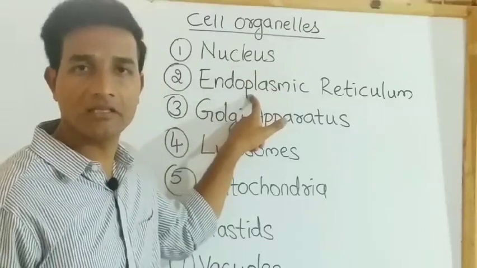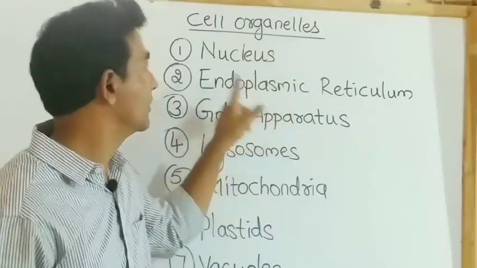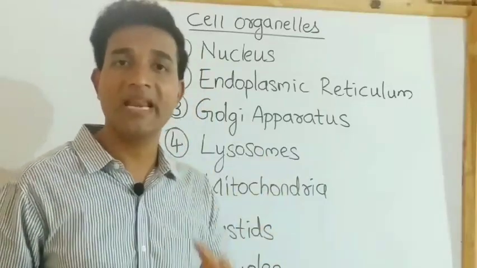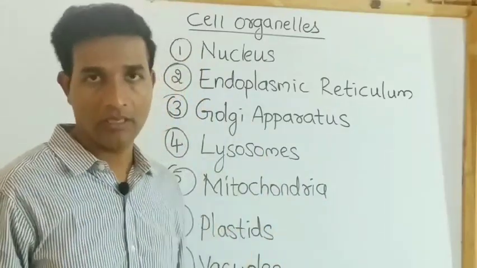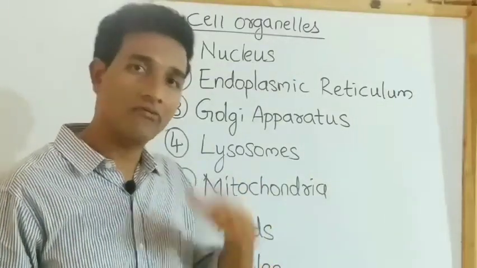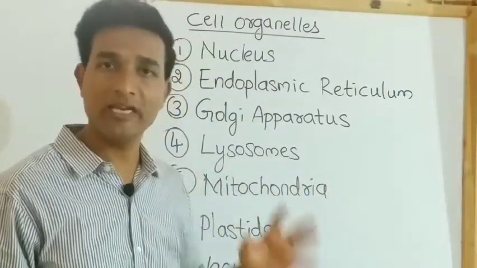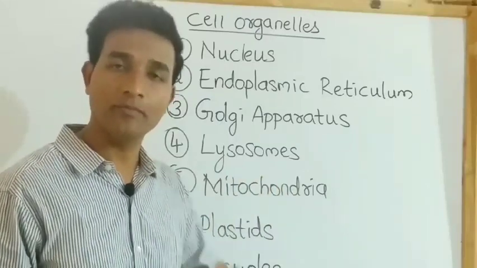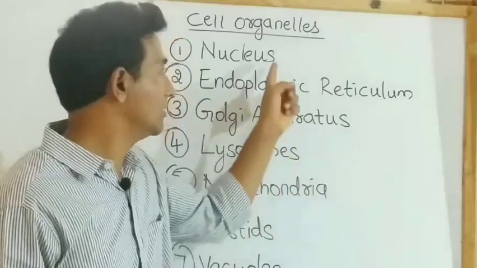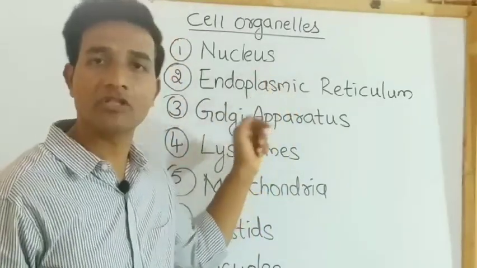Next we will discuss the endoplasmic reticulum. These cell organelles always have a membrane bound structure, and that is very important because they have to separate their content from the cytoplasm, as they are very important and play an important role in cell functioning. So we have to study each one independently.